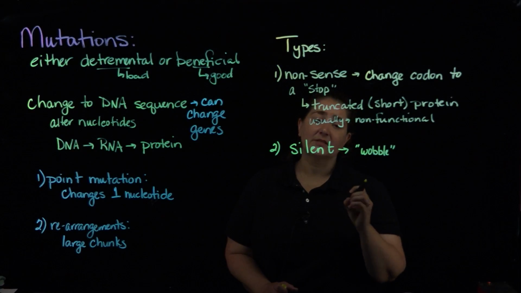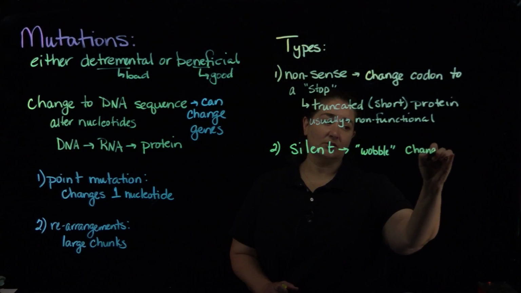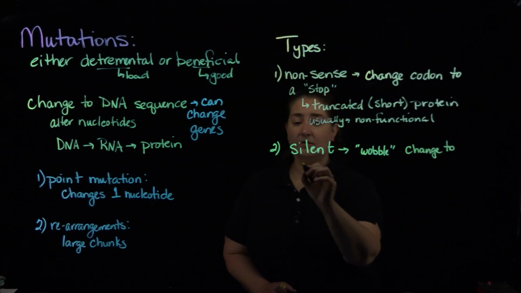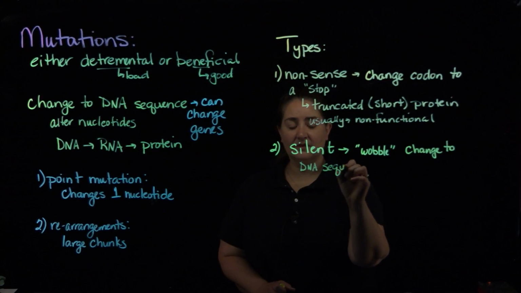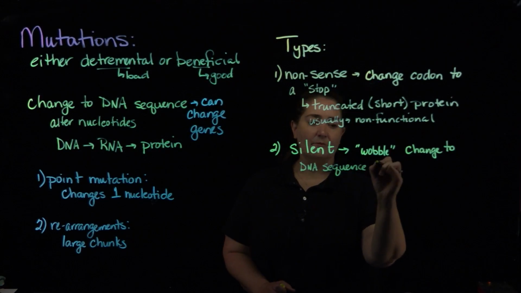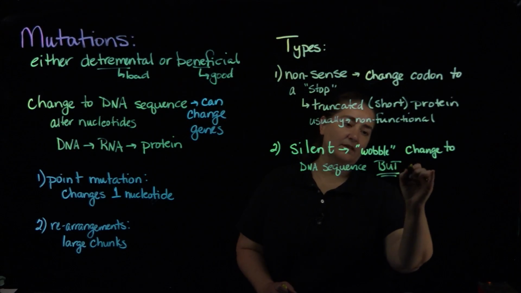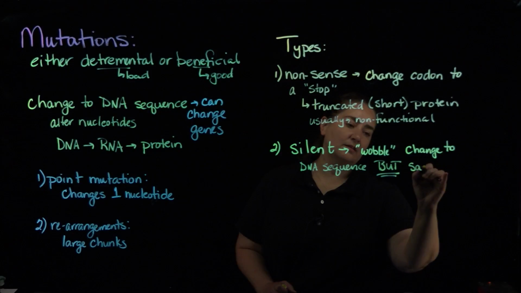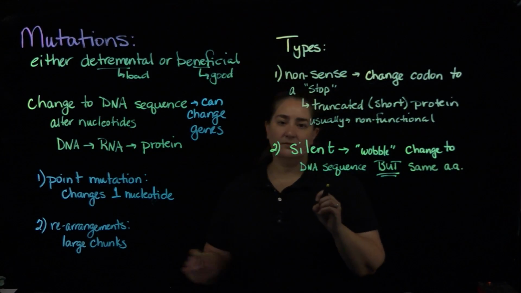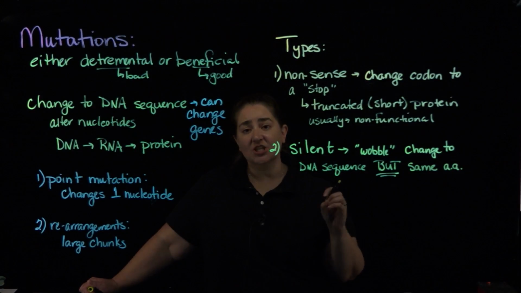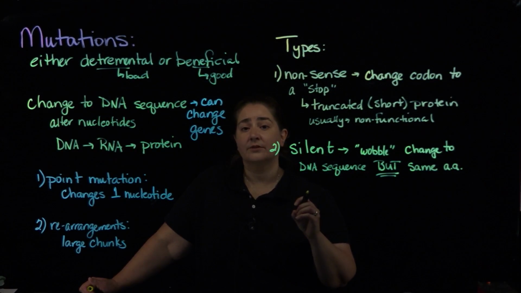And what happens is you have a change to the DNA sequence, but, and we've got a big old but in here, the same amino acid is used. Okay, so it's not changing the amino acid that's inserted into the protein itself.